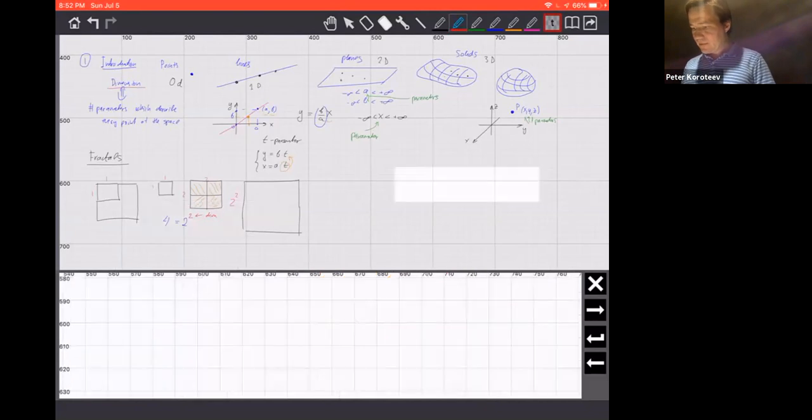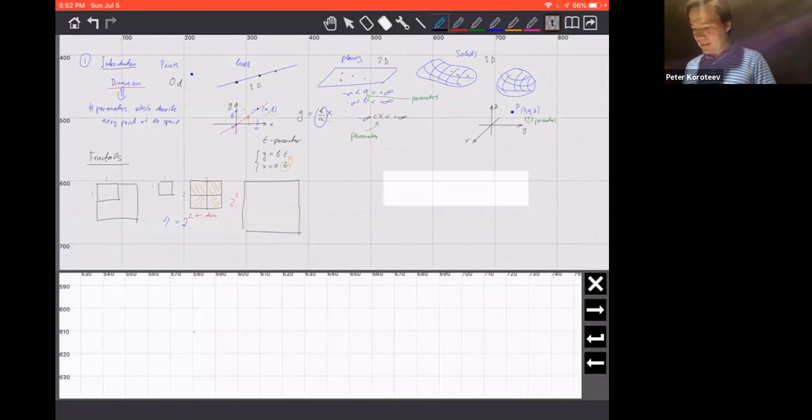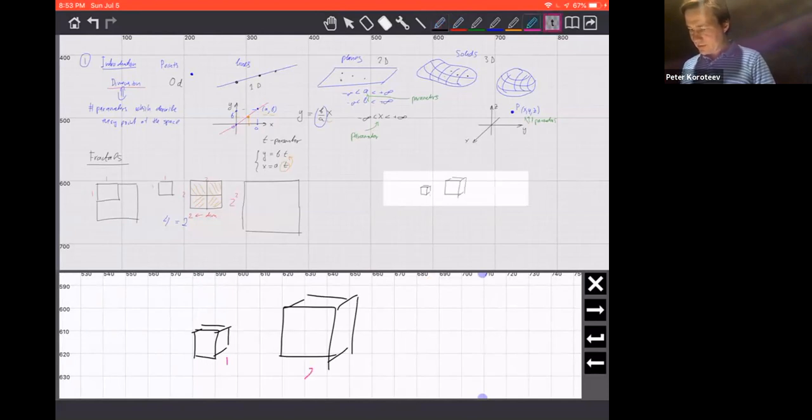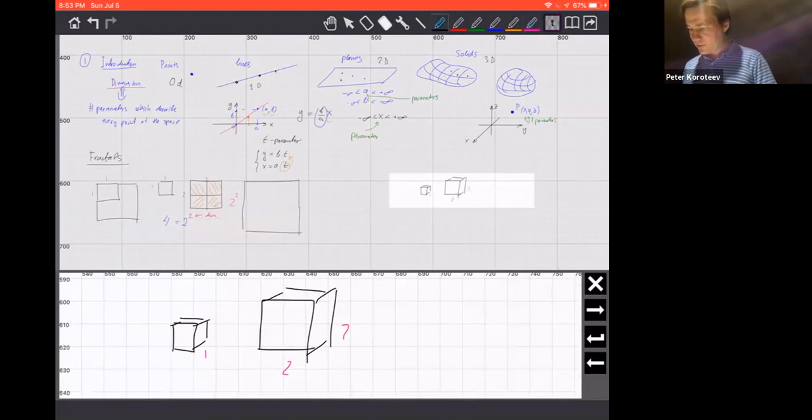If you go to 3 dimensions, you can do the same exercise. If you have a little cube of unit size, with length 1, and then you double the side, so here we have 2, then of course you know that you can cut the cube into small cubes of 1 by 1.